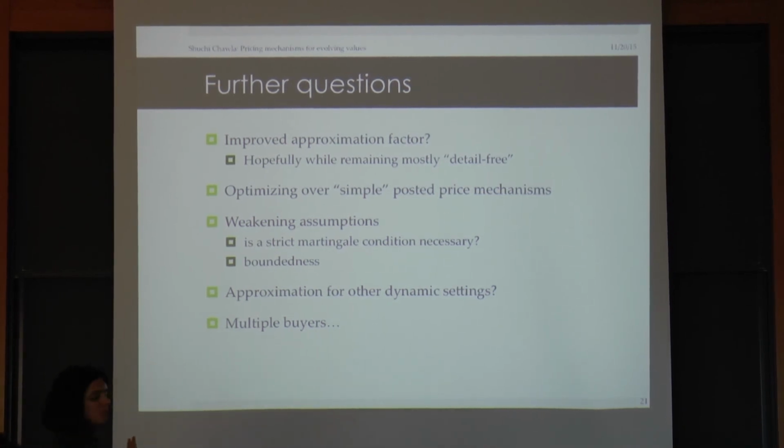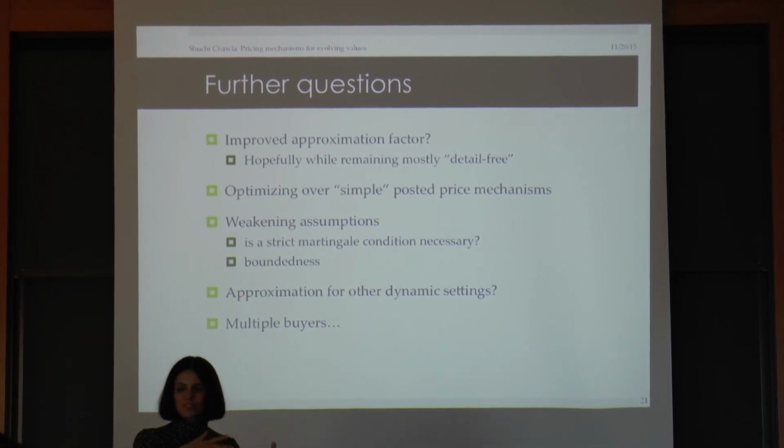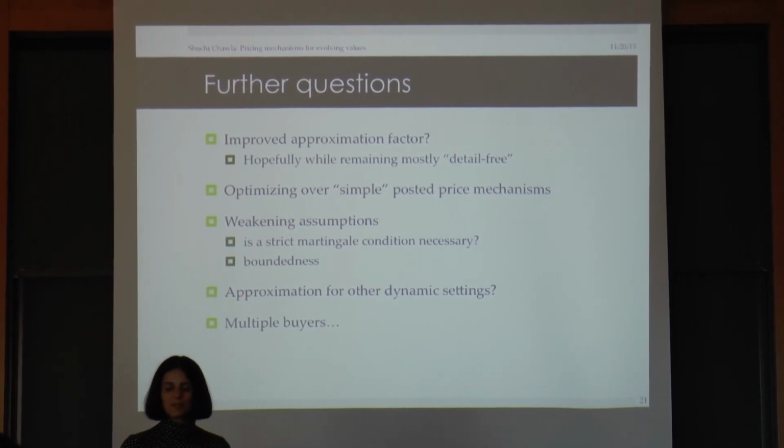I haven't thought about that within this dynamic context where you'd actually have to observe the value evolution, but you could imagine that if there are lots and lots of buyers and somehow you can see this value evolution process, you could ask how many buyers do you need to observe before you can figure out which C and T work well over the class of all C and T pairs.